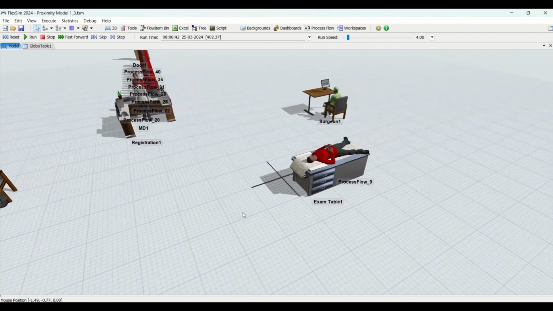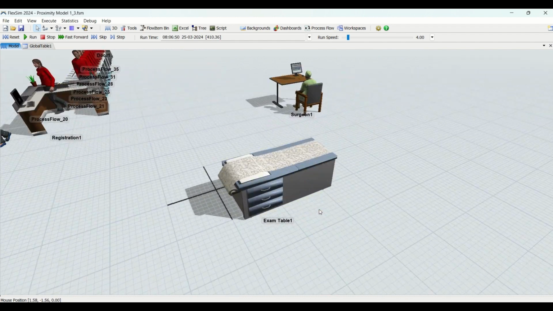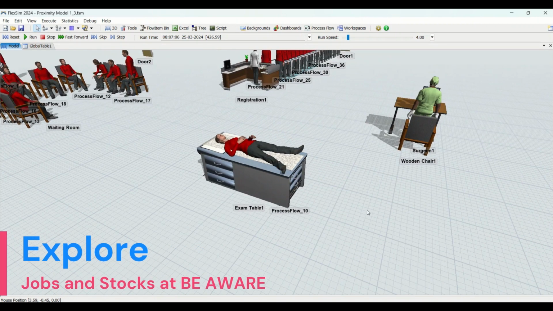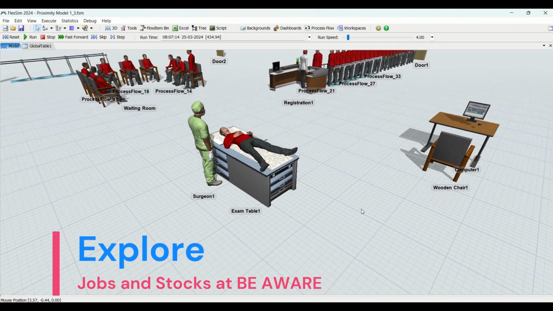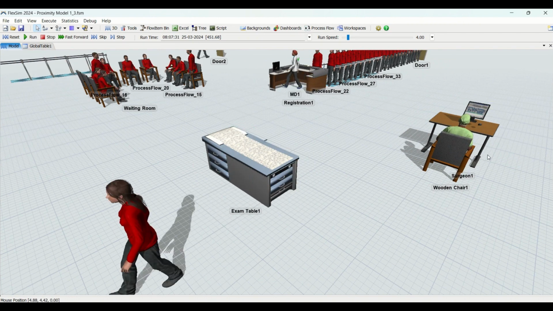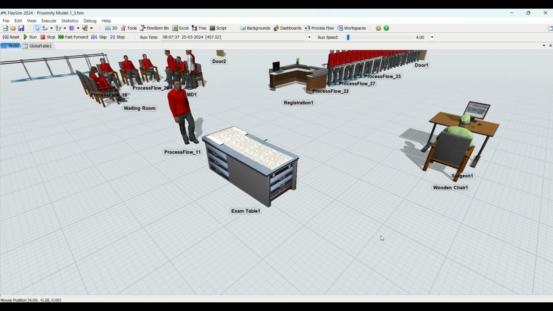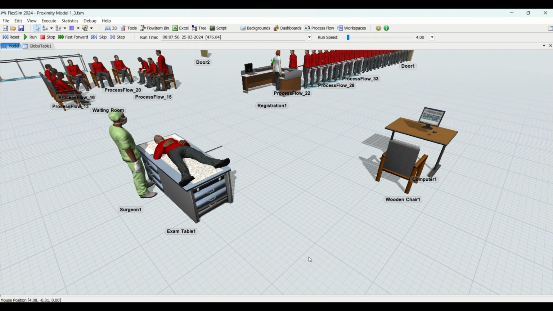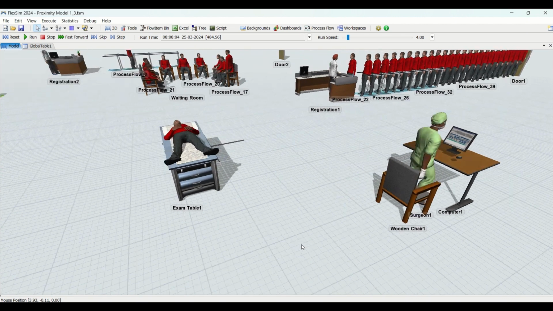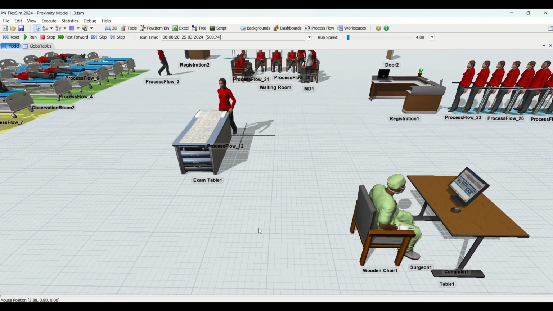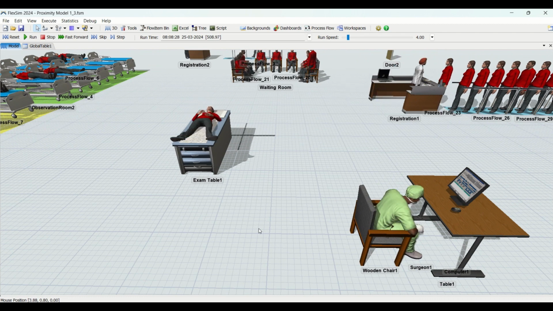Now let us go to the doctor area. This is the doctor's hall where the doctor examines the patients, and then makes a data entry in his computer for that particular patient, and creates a prescription and records the ailments. You can see our doctor is continuously servicing the patients who come to his exam bed table.